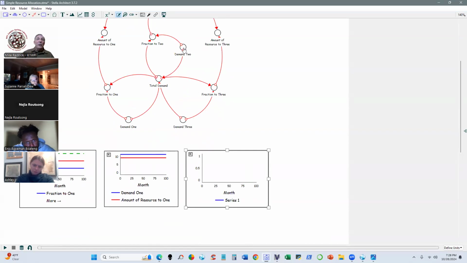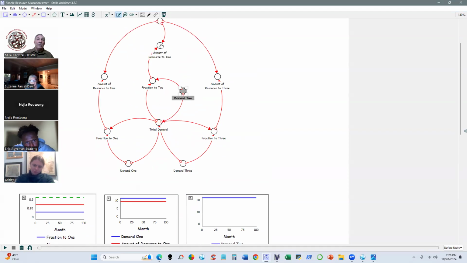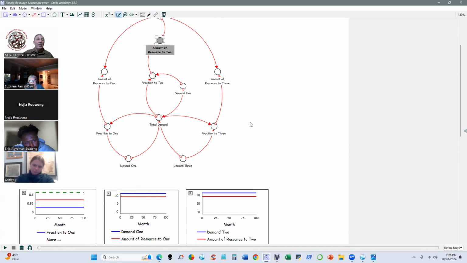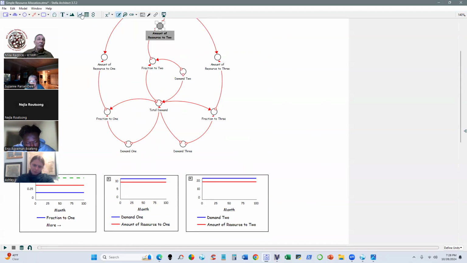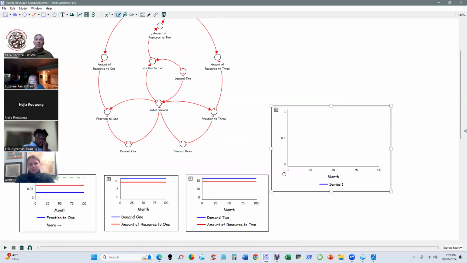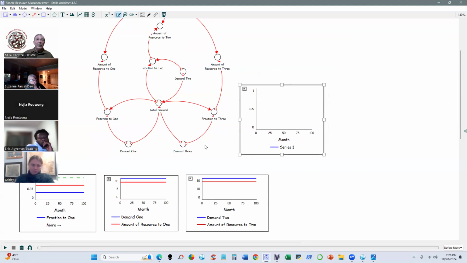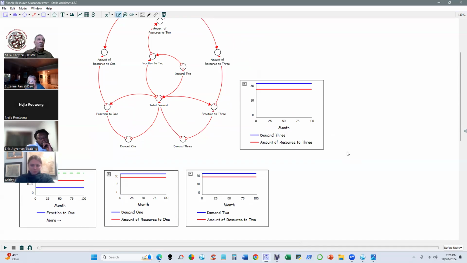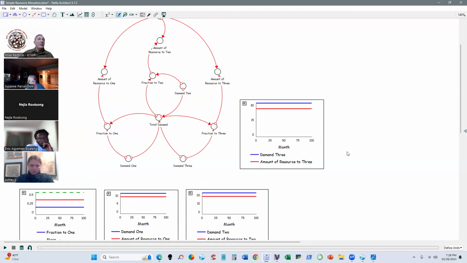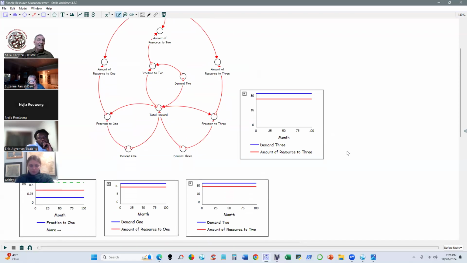So where is it? Demand 2 is here. And the amount that was given to 2 is there. And then, of course, when you don't have enough for everybody, you got to allocate it. So the demand number 3 is this, and the amount to 3 is that. Okay, so nobody gets exactly what they want, and it's proportionally allocated.